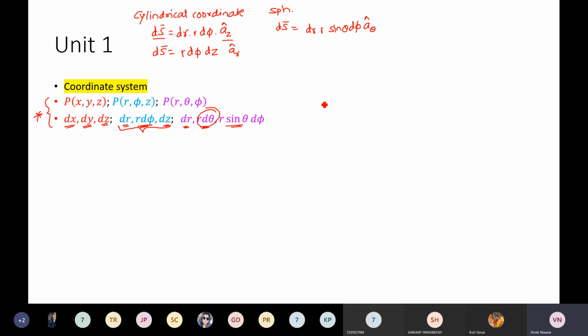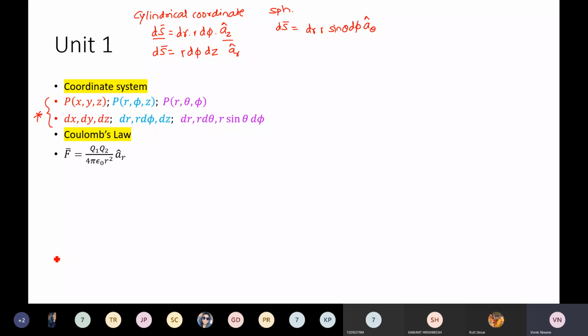Write both of these, done. Straightforward. But you can write this if and only if you remember these terms. The terms I have written here, you should memorize them.